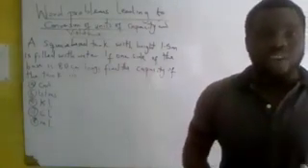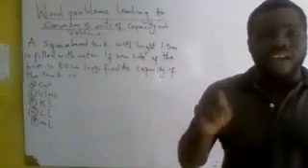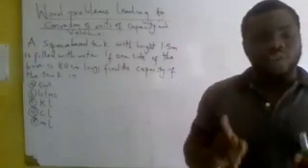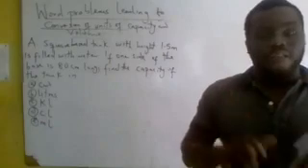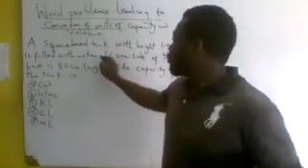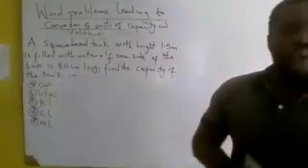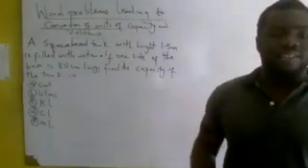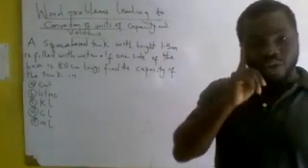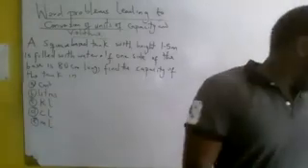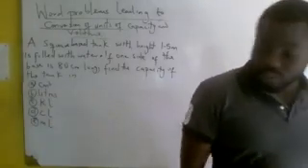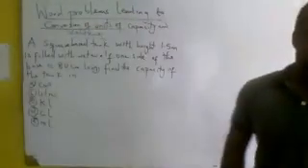A square base tank with height 1.5 meters is filled with water. Full stop. Now, if one side of the base is 80 cm long, find the capacity of the tank.